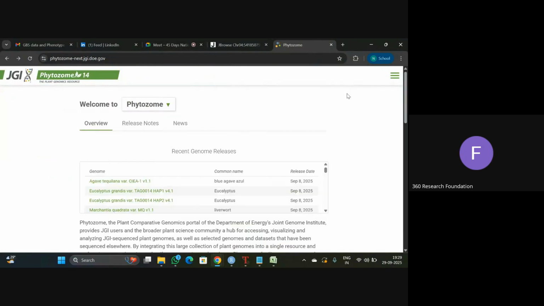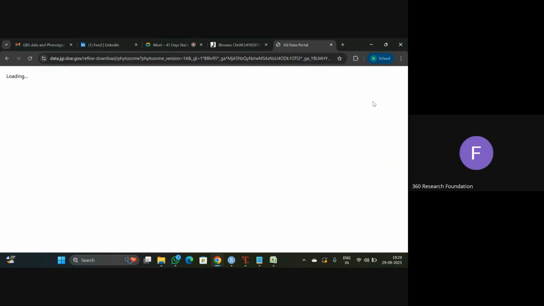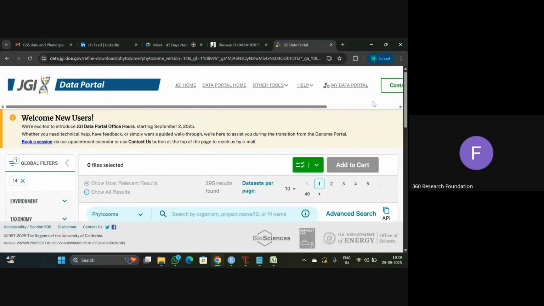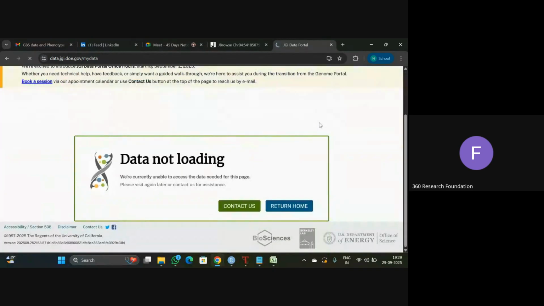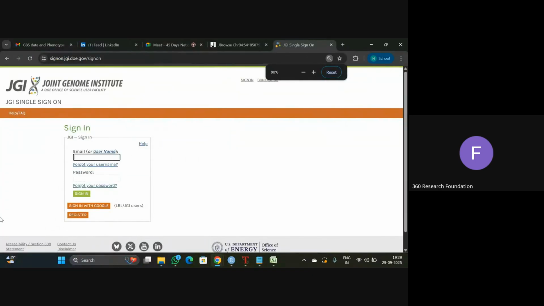Yeah, so this is the home page. Go to the right side, click here, and click on the JGI data portal. If you have an account, then log in. Otherwise, you need to register.